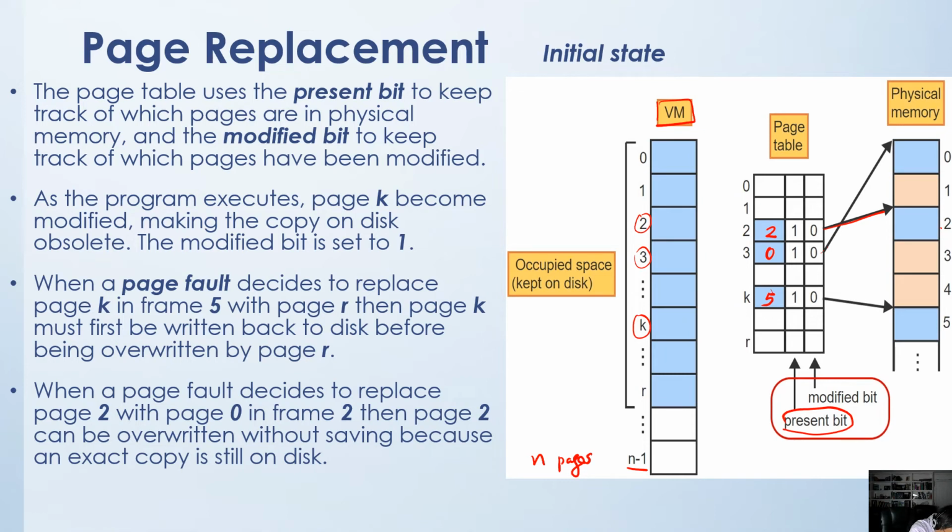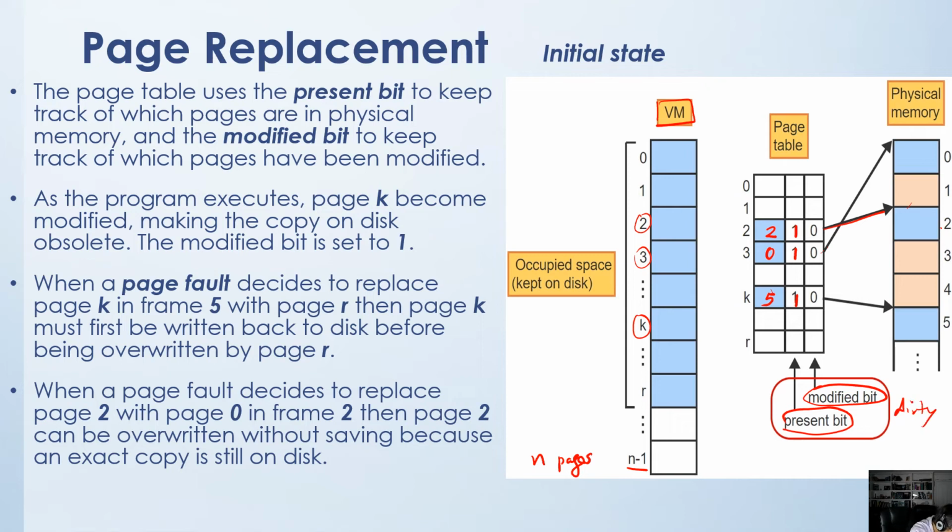So in this case, initially pages 2, 3, and K are in the memory, so we use 1 to represent that it is in the memory. And also with page replacement, we use another bit called the modified bit, right? Also we call it dirty bit.